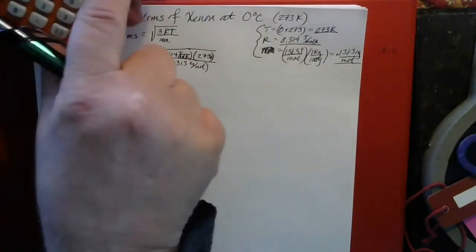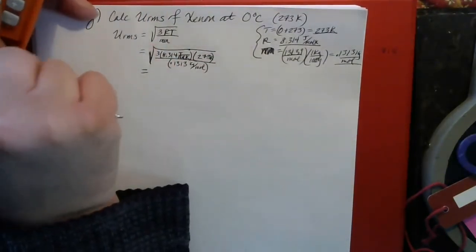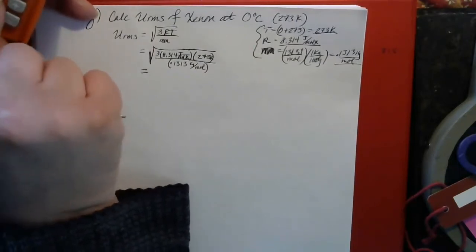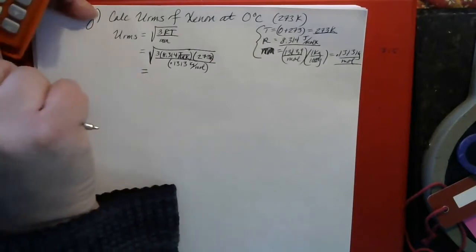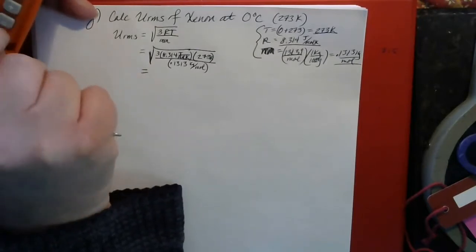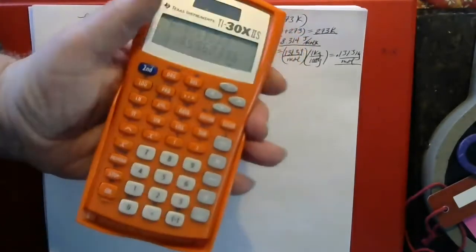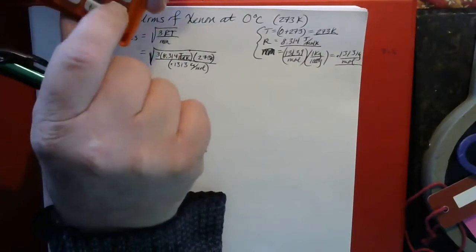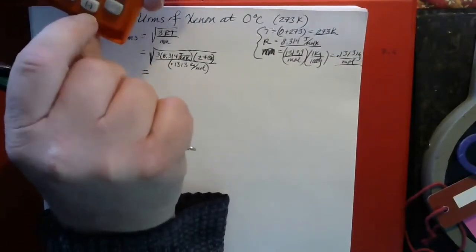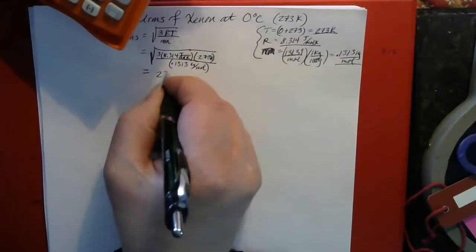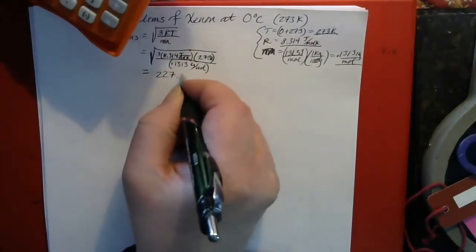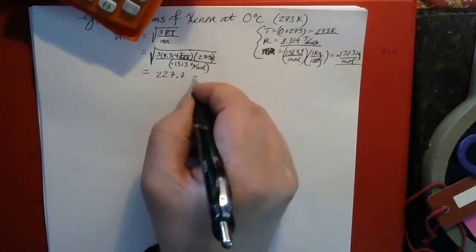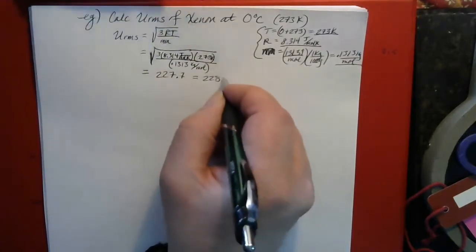Okay, so we can start out with 3 times 8.314 times 273 divided by 0.1313, and you get this number right here. And then you raise that to the 0.5 power, or take the square root of it. It's the same thing either way. And we get 227.7, well, we're already over significant figures. So we'll just call it 228 meters per second.